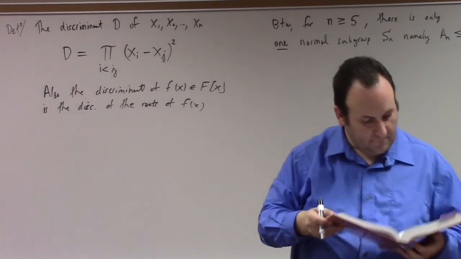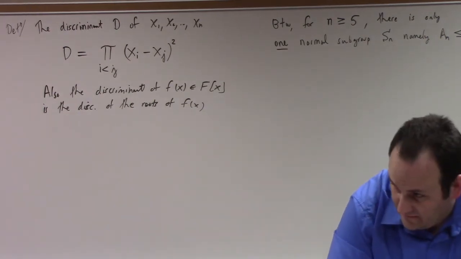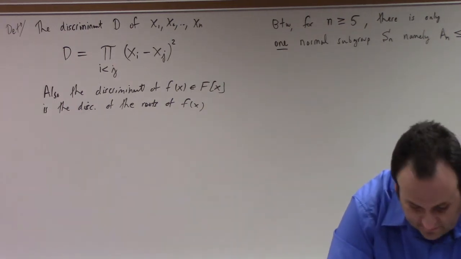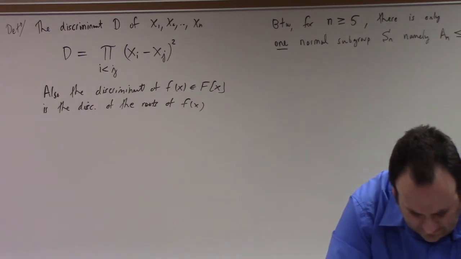And well, that's for n greater than or equal to 5. I mean, there are other normal subgroups for S4 or S3 or S2. Well, maybe not S2, but hence, here's the point.